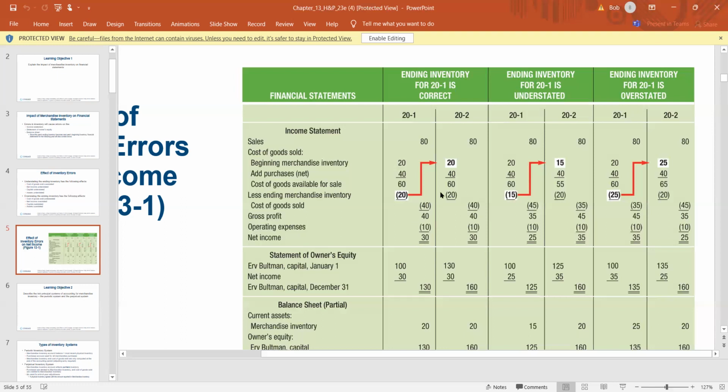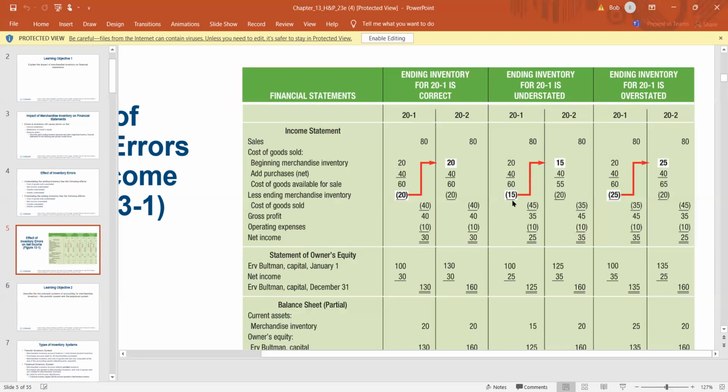The next year, they're bringing over the correct inventory number. The ending for year one is always the beginning of year two, okay? So we look at this and we see that the income was $30,000 for each year, okay? But look what happens when you make a mistake. Here, they undercounted the inventory by $15,000.